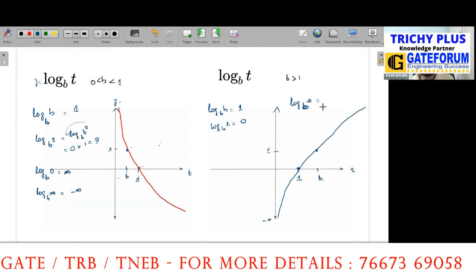It will go to minus infinity. Am I right? I am asking about this point. At this point, your curve is going to minus infinity. What is the log base b of infinity? Infinity.